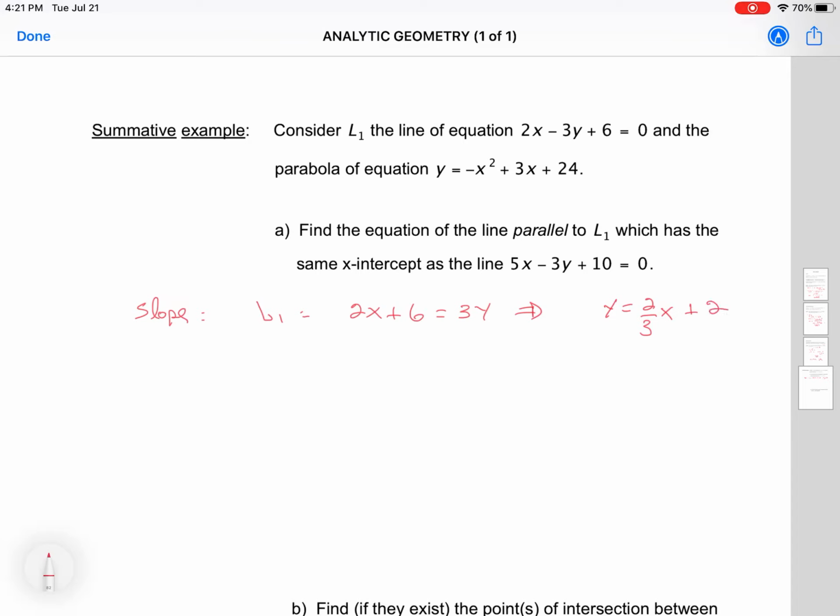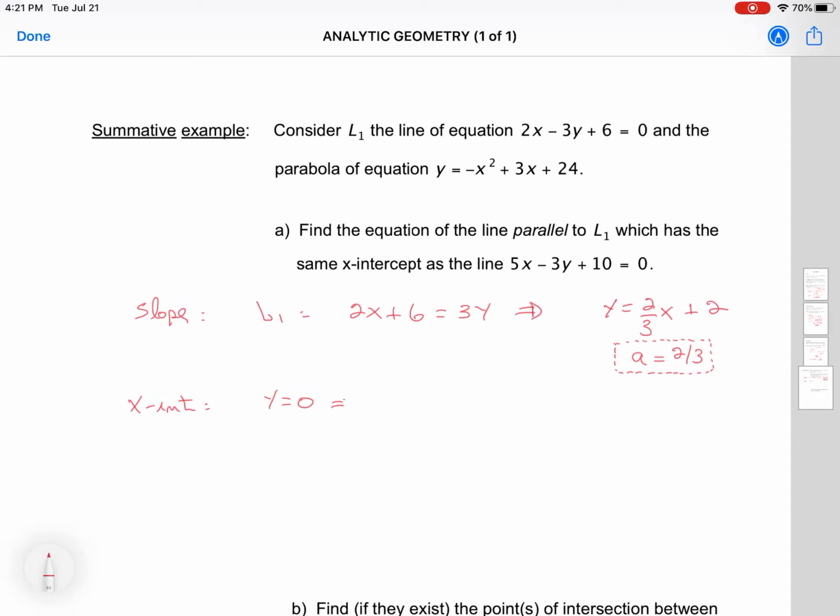That is to say, y is 2/3 x, and 6 divided by 3 is 2. It appears that this line has a slope equal to 2/3. And because the lines are parallel, then this is also the slope of our line.